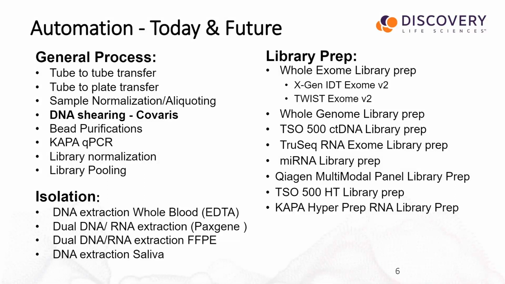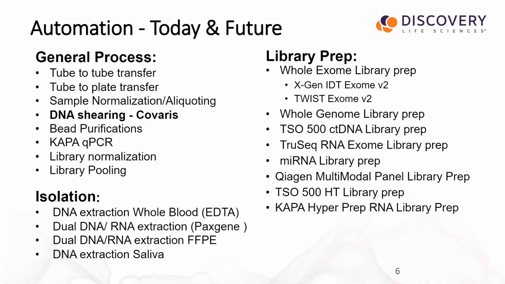As far as general processes, any tube-to-tube transfers, tube-to-plate, sample normalization, aliquoting, DNA shearing, bead purification, Kapa qPCR, library normalization, library pooling, DNA extractions from EDTA or PAXgene, and DNA and RNA extractions from FFPE or saliva samples are all automated across a multitude of platforms.